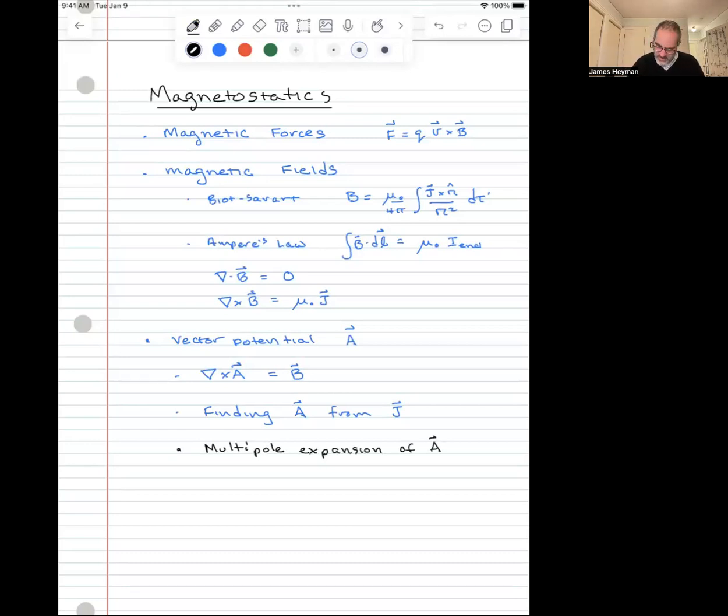And we'll use this to define something called the magnetic dipole moment. And then we'll find the magnetic field produced by a magnetic dipole.